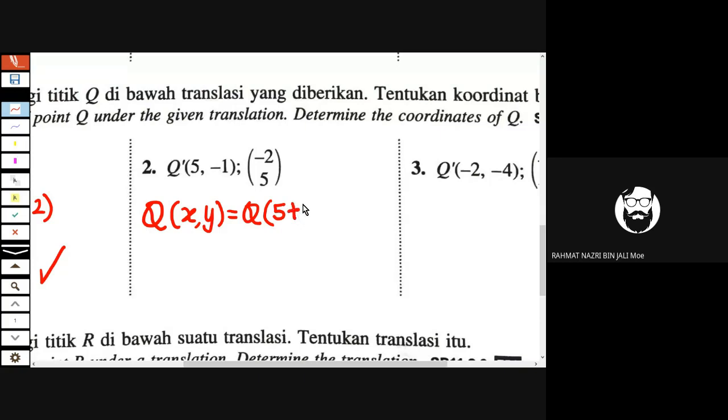Saya simplify terus. Negatif 1, dia di depan ni, tolak 5. Q sama dengan 7. Jadi kita dapat 7, negatif 6.